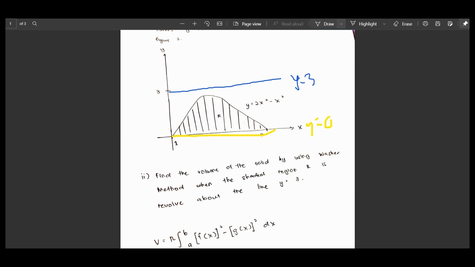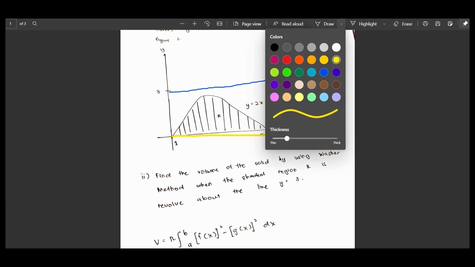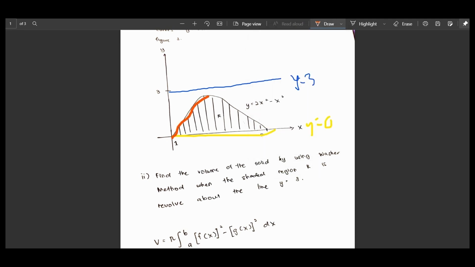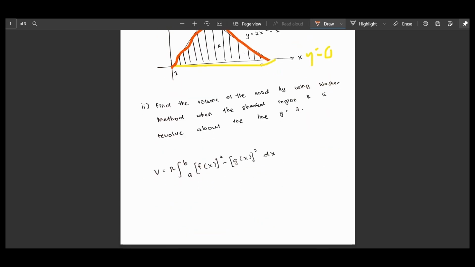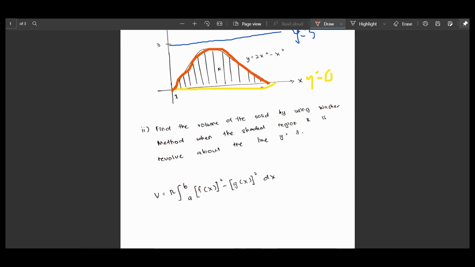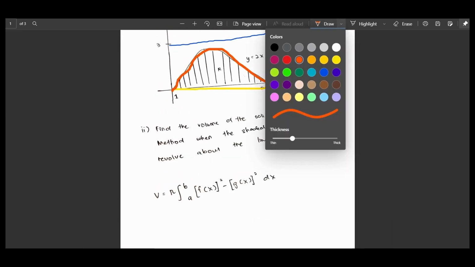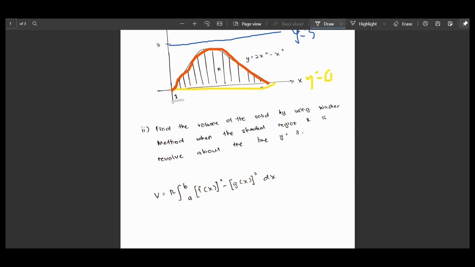Then the inner layer is y equals 2x squared minus x cubed. Now the boundaries are 1 and 2.